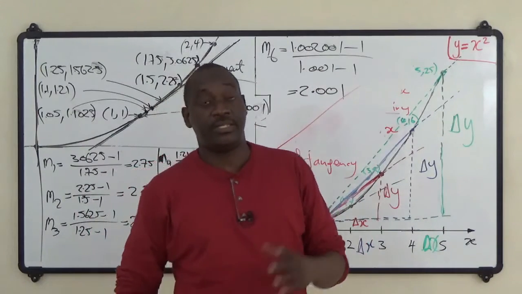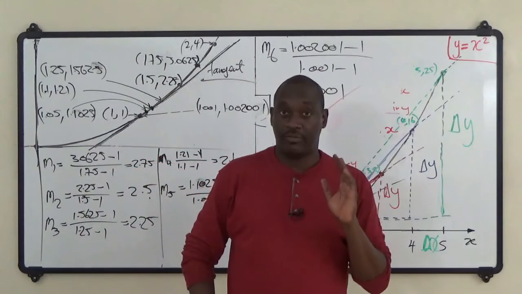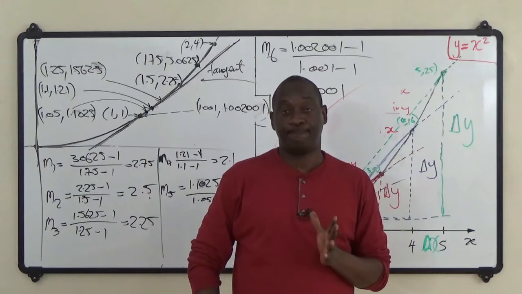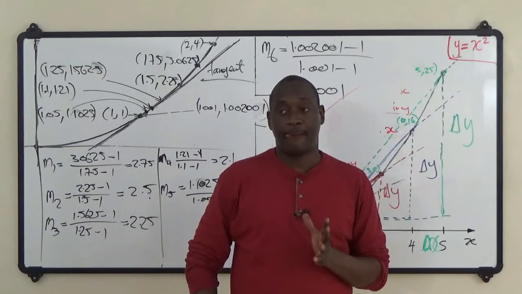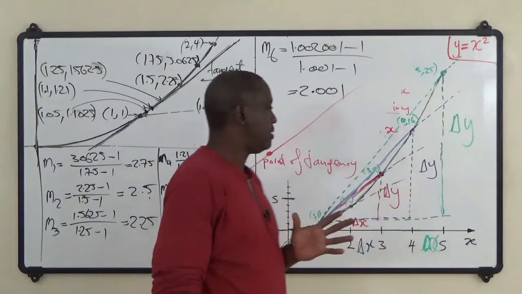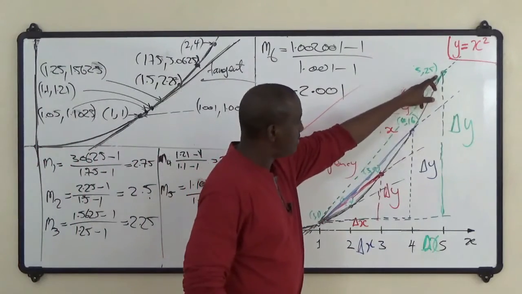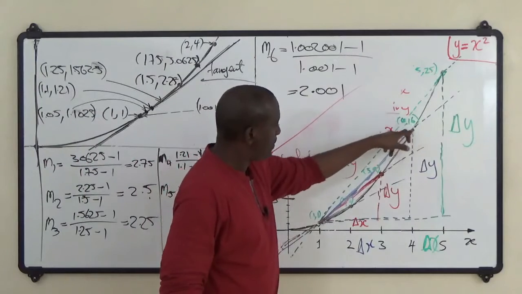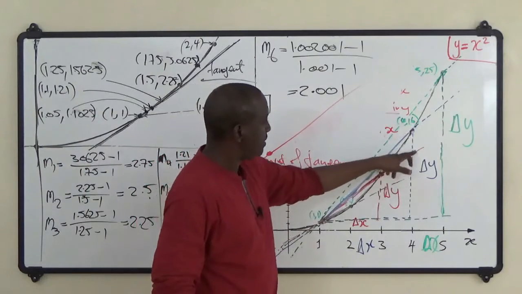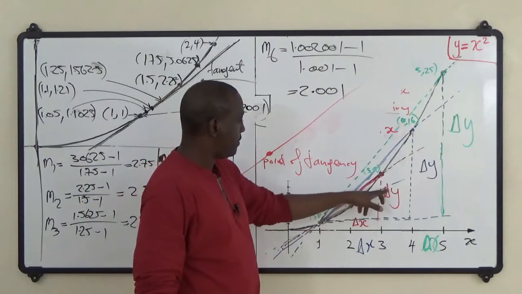Now, as I tell people all the time, observation is the first law of mathematics. Right? We start from gradient 6, gradient 5, gradient 4, gradient 3.